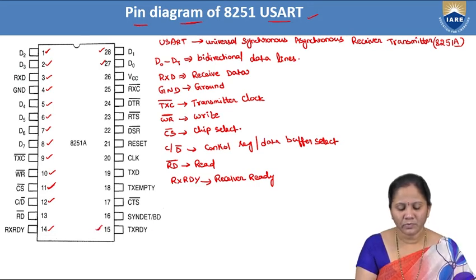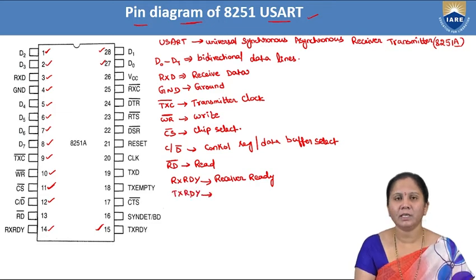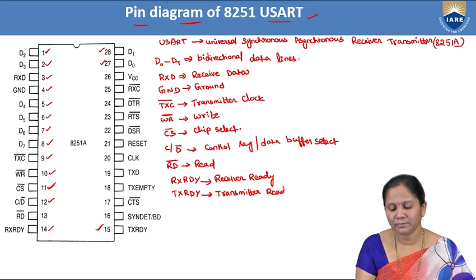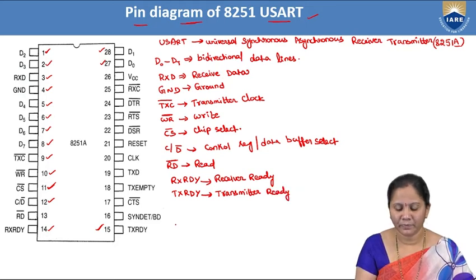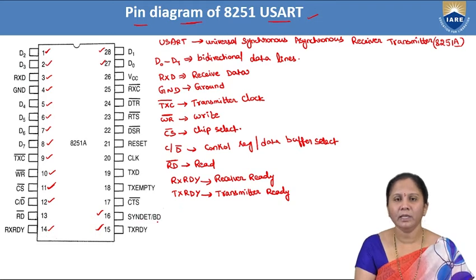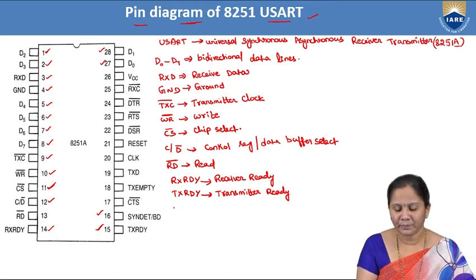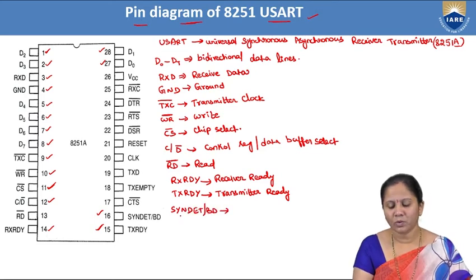The 15th pin is TX RDY. Here TX represents transmitter and RDY means ready. The next signal is SYNDET/BD.